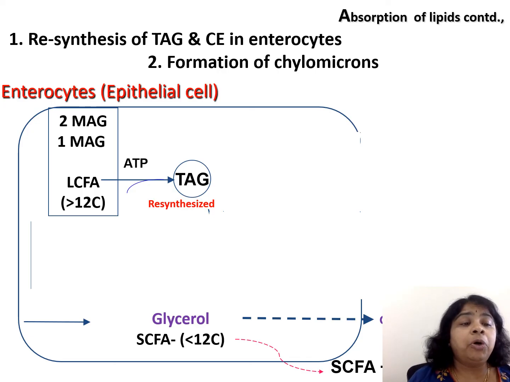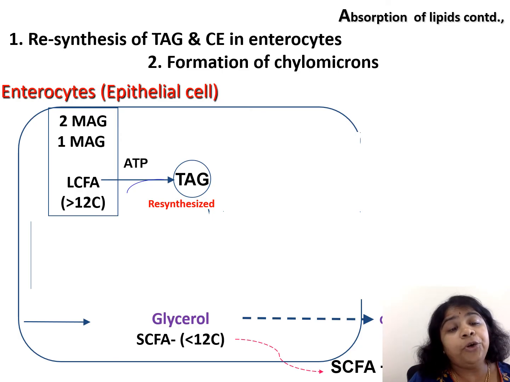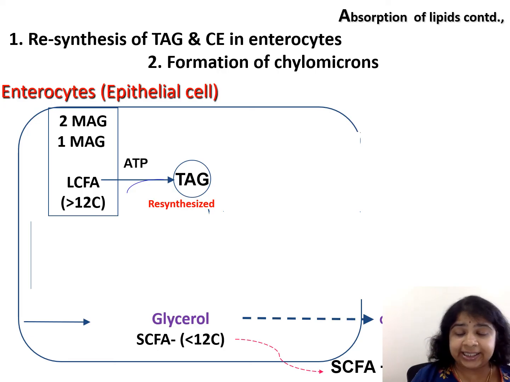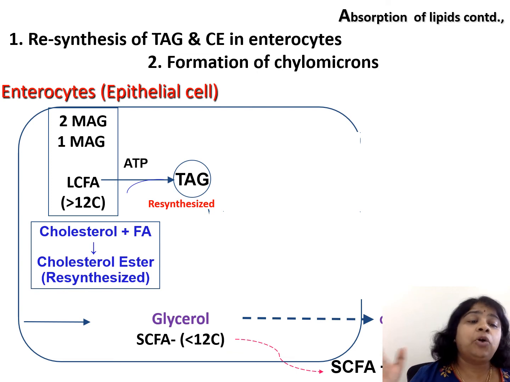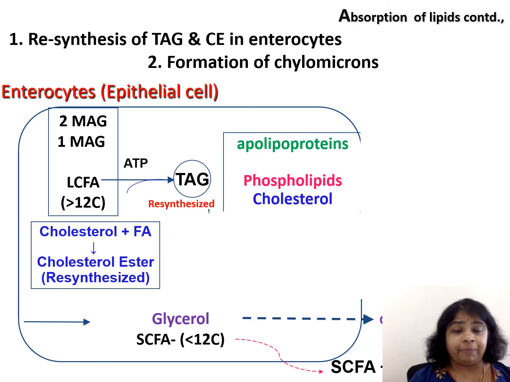Whereas the 2-monoacylglycerol, 1-monoacylglycerol and the free fatty acids are utilized and triacylglycerol will be resynthesized. The cholesterol that is present is again reesterified with a fatty acid to form cholesterol ester. And the intestinal cell will synthesize apolipoproteins which are used for formation of chylomicrons.